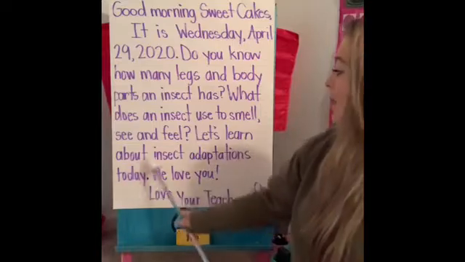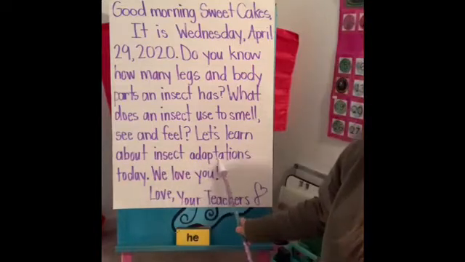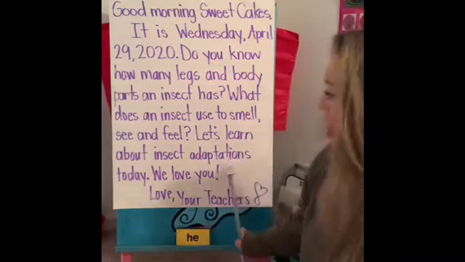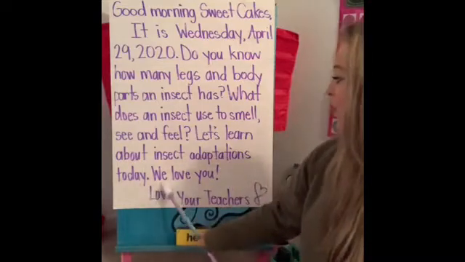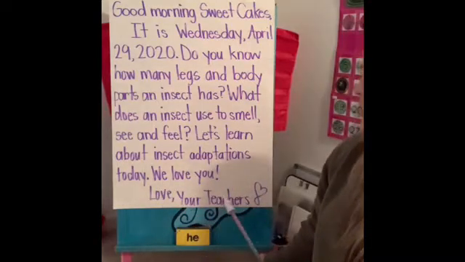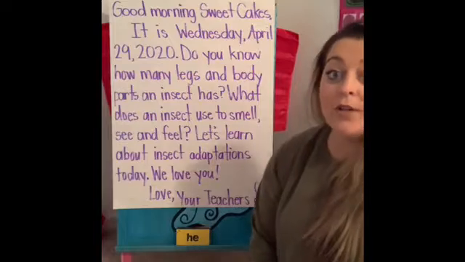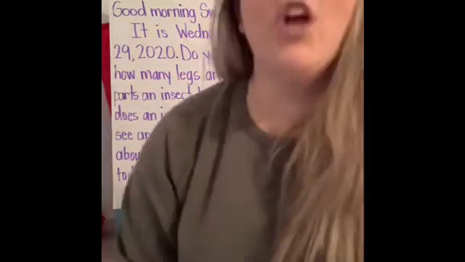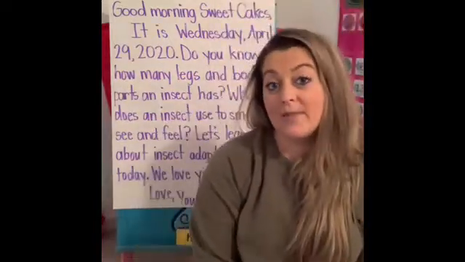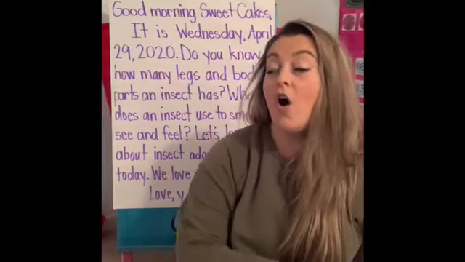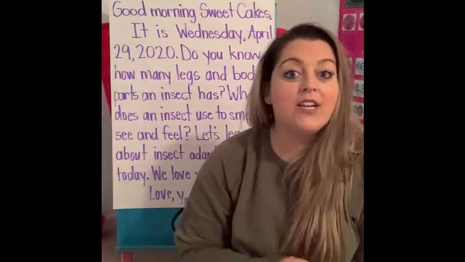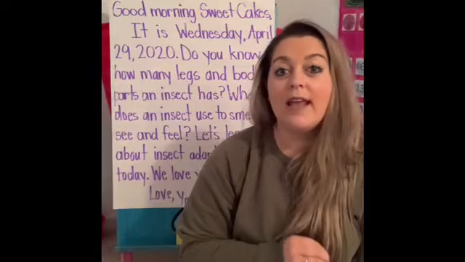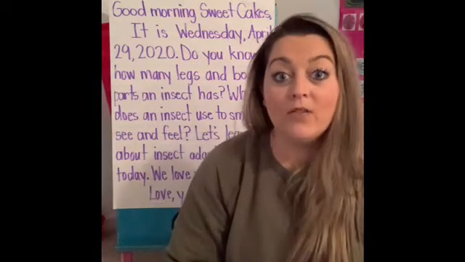Let's learn about insect adaptations. Whew, that's a big word. Adaptations today. We love you, love your teachers. So I heard that today we're going to be learning about some insect adaptations. Remember, we learned about adaptations on other animals all throughout the school year. Adaptations are those things that help an animal to be able to live where they live.